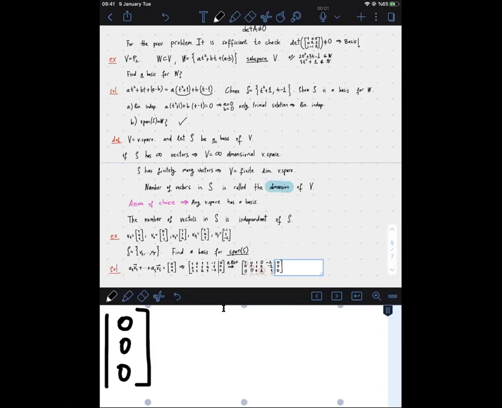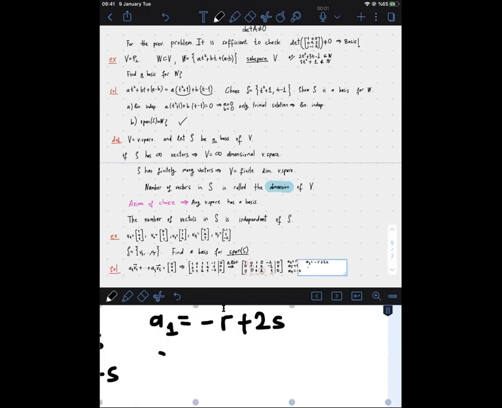For example, a3 is arbitrary, let's call it R. a5 is arbitrary, let's call it S. Then I can solve, for example, a4 in terms of a5, which is minus S. And a1 is really what? a1 is minus R plus 2S. a2 is what? a2 is minus R plus S, right?